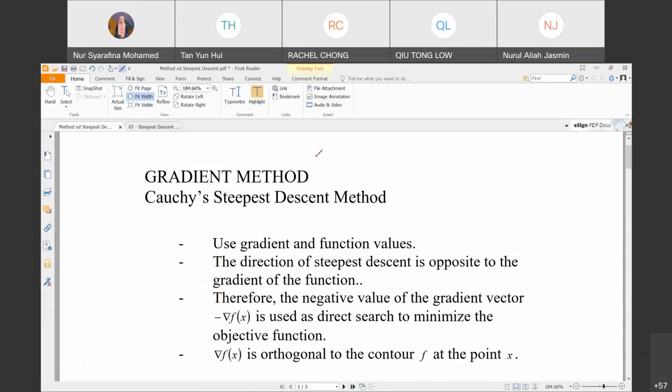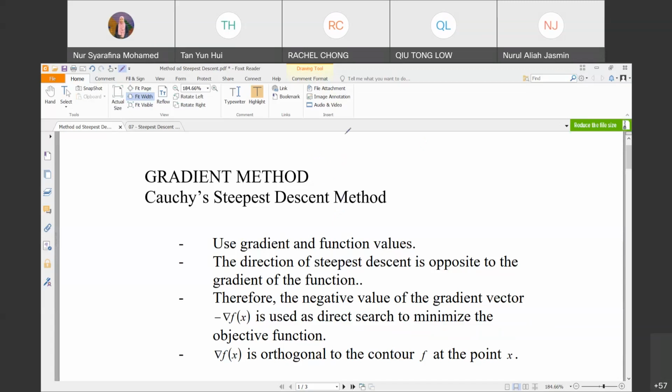Just like before, it moves directly from the initial point to the next point, x1, x2, x3, up to however many iterations it takes to reach our solution point. For steepest descent, we use gradient to move.